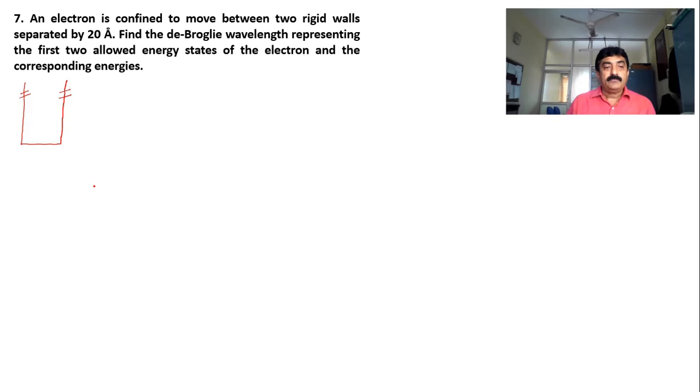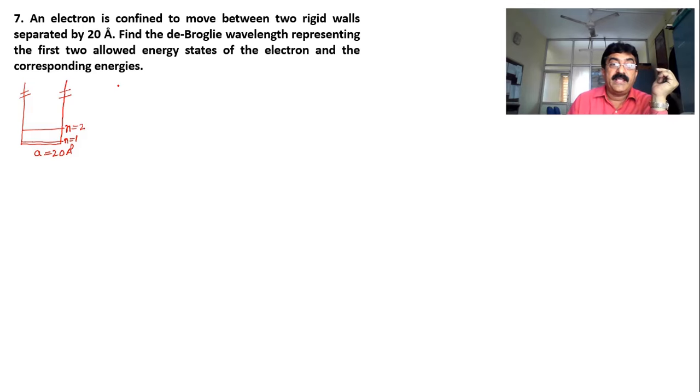Please check. Well, this is a potential well of height infinity, width A is given as 20 angstrom. We have to find the energy in the ground state. For ground state N is equal to 1, and then second state, that is N is equal to 2. So N is equal to 1 is ground, N is equal to 2 is first excited state or second allowed state.